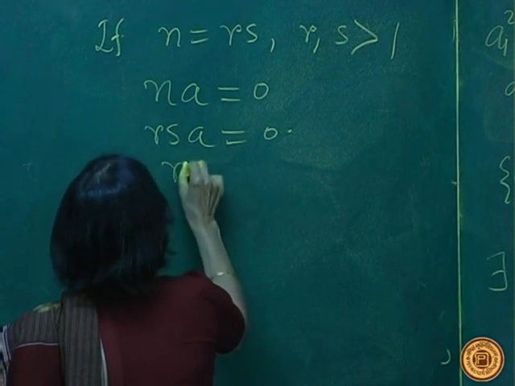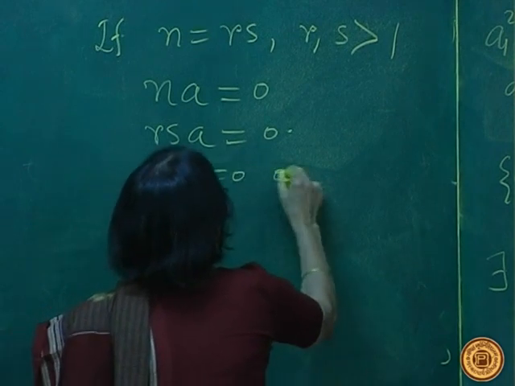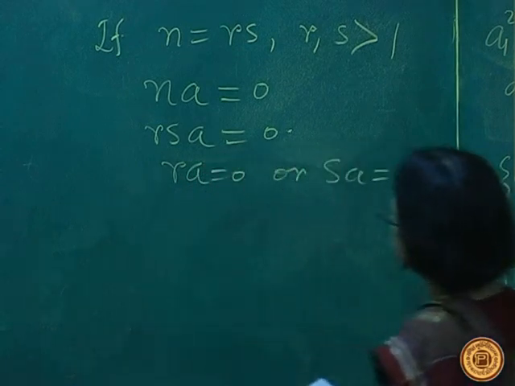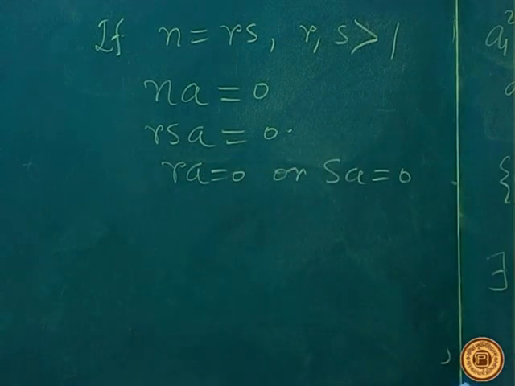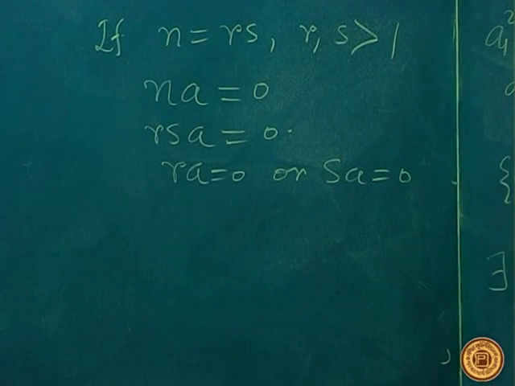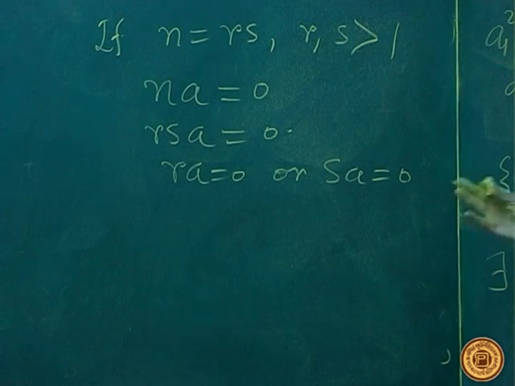Therefore, either ra equal to 0 or sa equal to 0. If ra not equal to 0, then r times s times ra is equal to 0. So, just rearrange the terms and this is what you get.